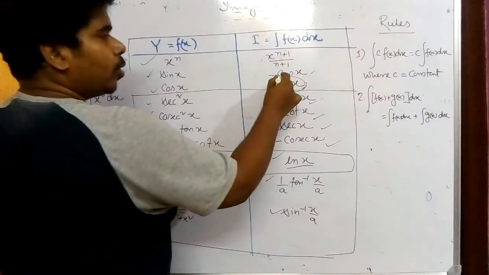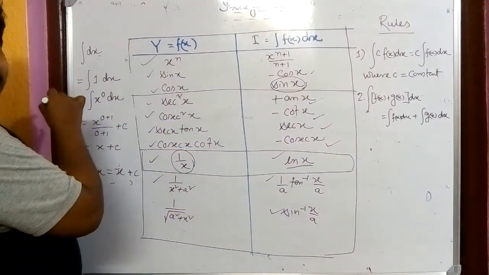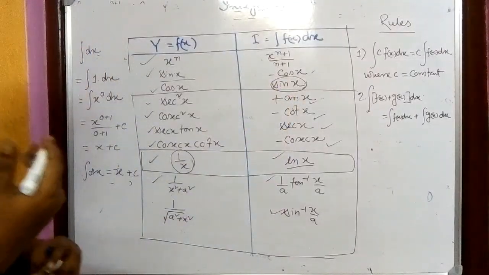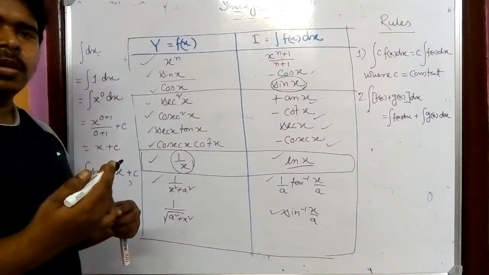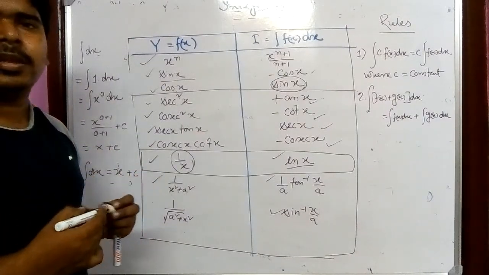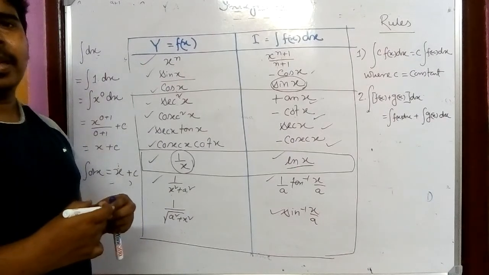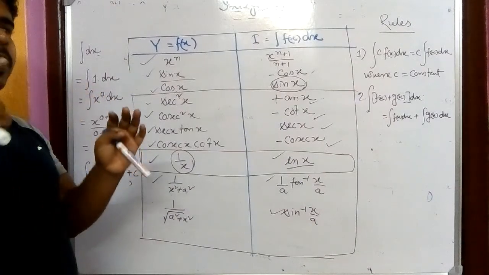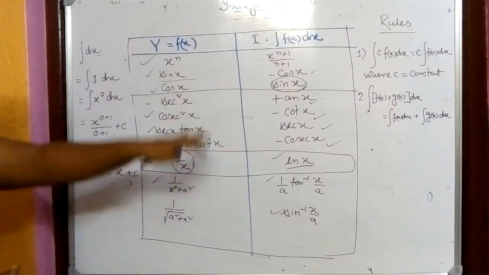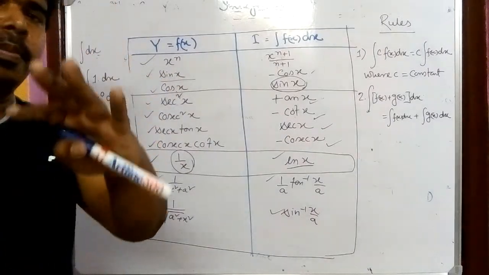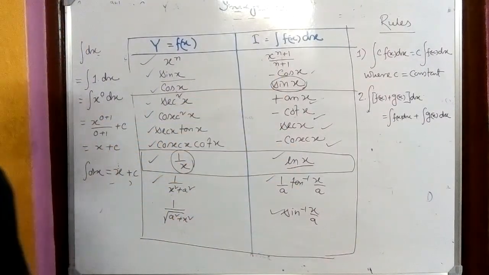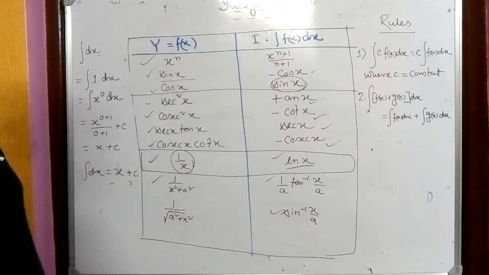Previously, differentiation of cos x equals minus sin x, and now integration of sin x equals minus cos x. So differentiation and integration, are they exactly opposite to each other? Yes, and I will give that explanation, but you have to prepare with that. That's why whenever I have written the functions, I have put that thing in your mind, that the integration functions we have seen are exactly opposite to what we did in differentiation.